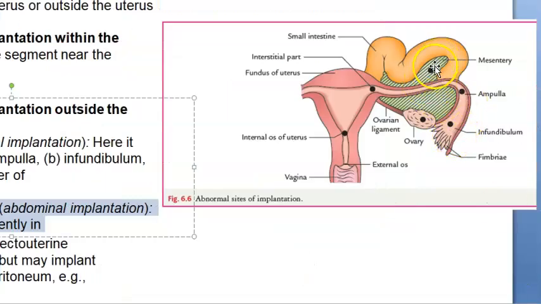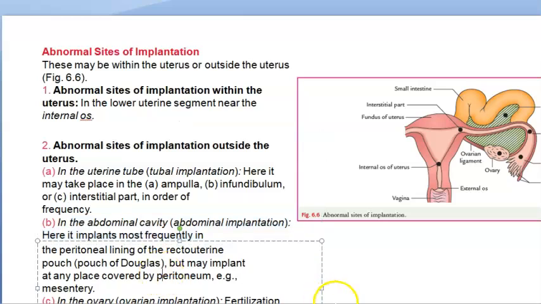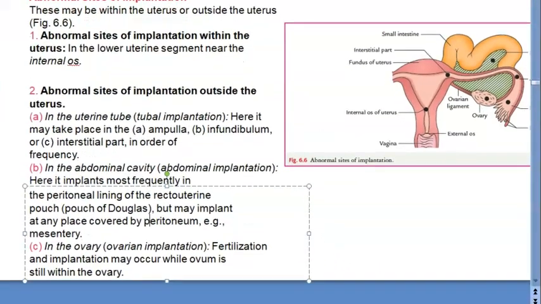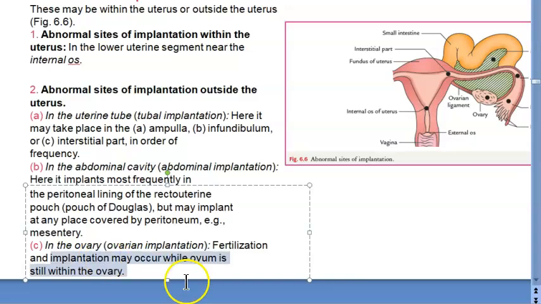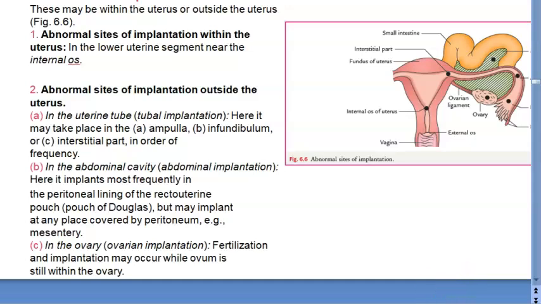Then it can implant in the ovary also. Fertilization and implantation may occur while the ovum is still within the ovary. Oh, interesting. All crazy things are possible.